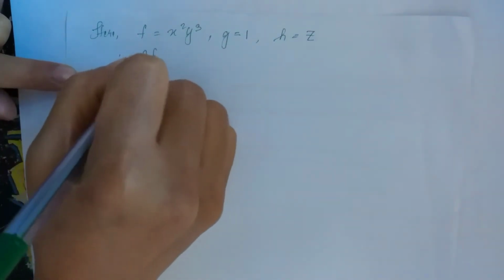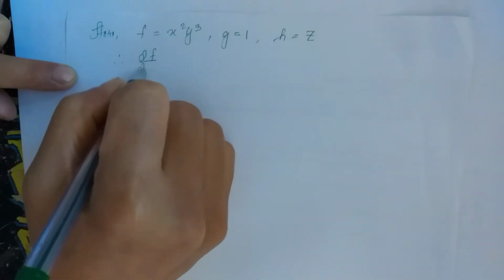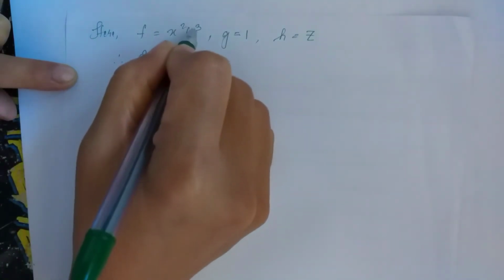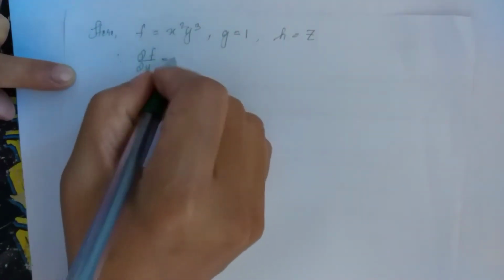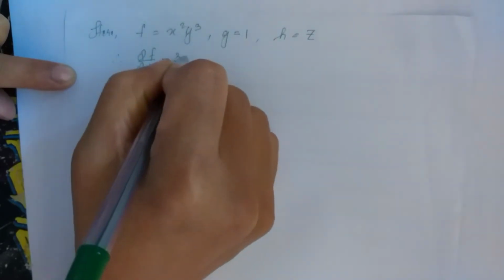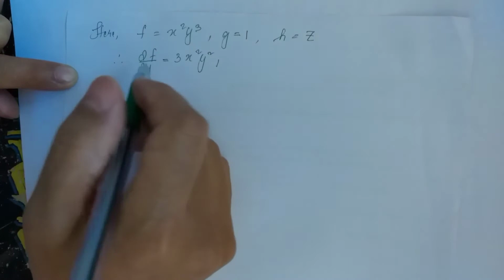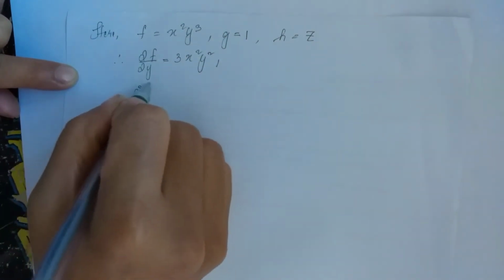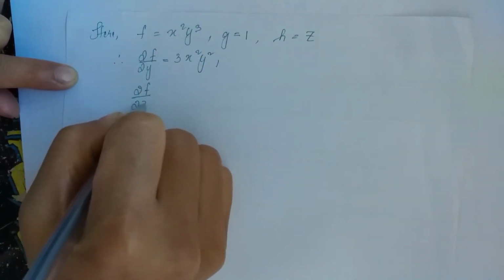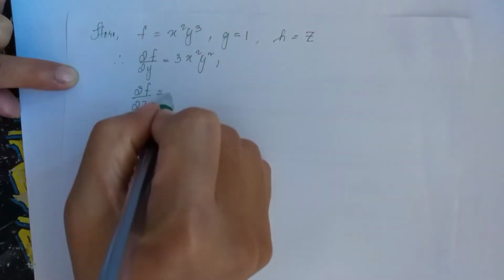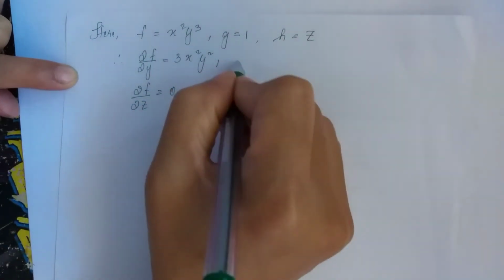Therefore, del f del y is equal to 3x squared y squared. Del f del z: we have no z, so it will be equal to 0.